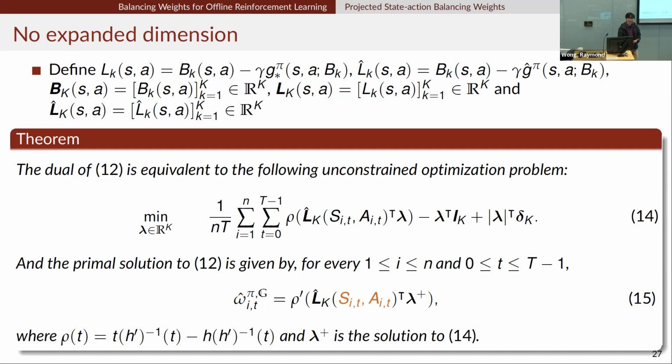However, this L_K, which is the actual basis used to model the weight function, is a transformation of B_K. So I would not know whether there would be any interesting reduction of the expressive power of the basis. I don't even know what L_K is exactly, since it goes through a conditional expectation.